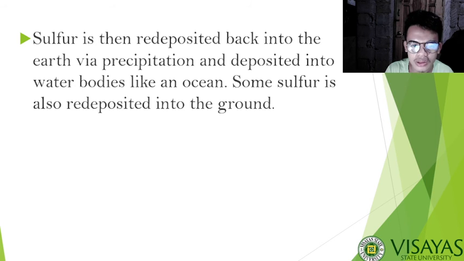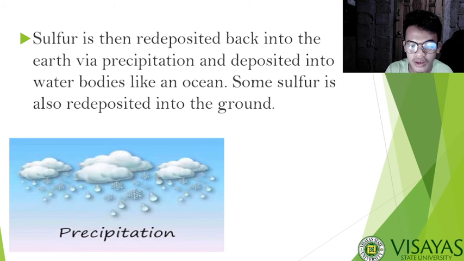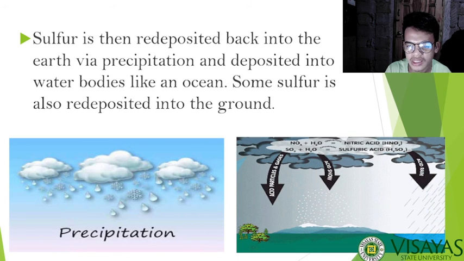After evaporation, the water from the clouds goes back to our ground, and that's called precipitation. When nitric acid and sulfuric acid come together in the clouds, they release acid particles, gases, acid snow, and acid rain. After this, the sulfur gets into the ground and the ocean.